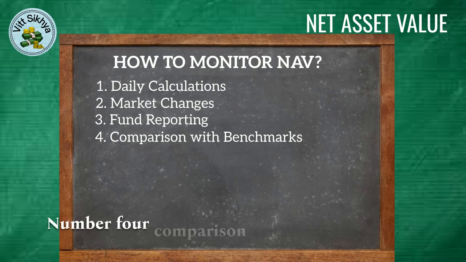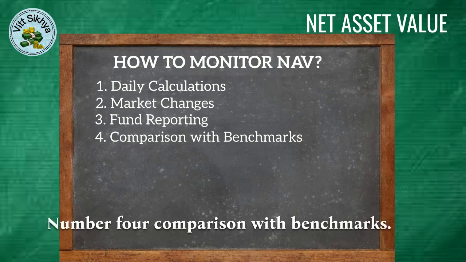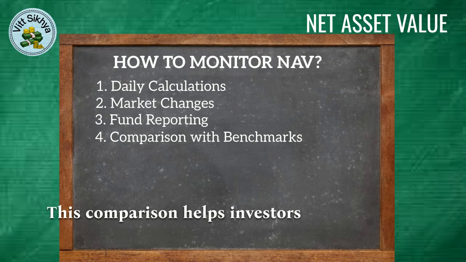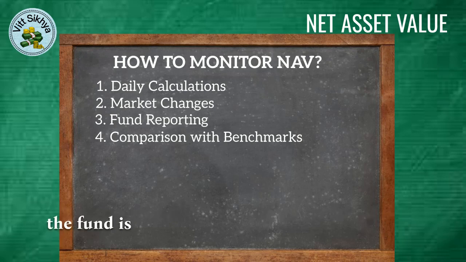Number 4, comparison with benchmarks. Investors compare a fund's NAV performance with relevant benchmarks to assess its relative success. This comparison helps investors understand how well the fund is performing in comparison to the broader market or a specific sector.